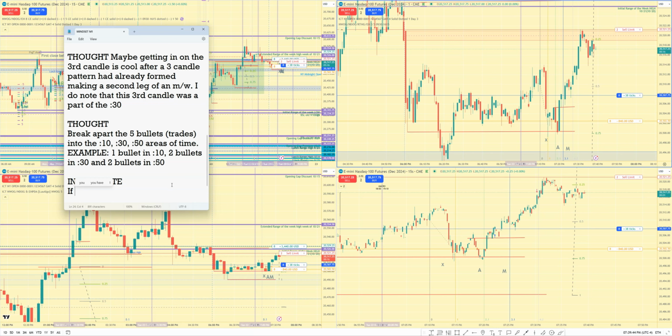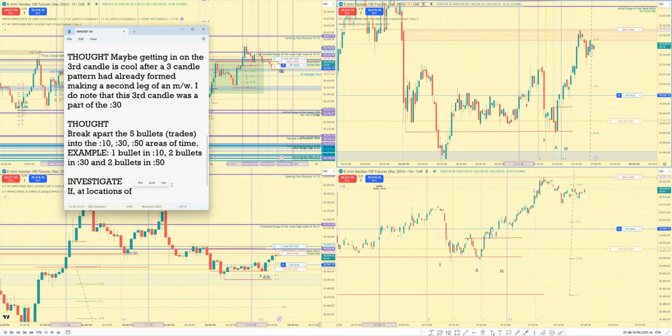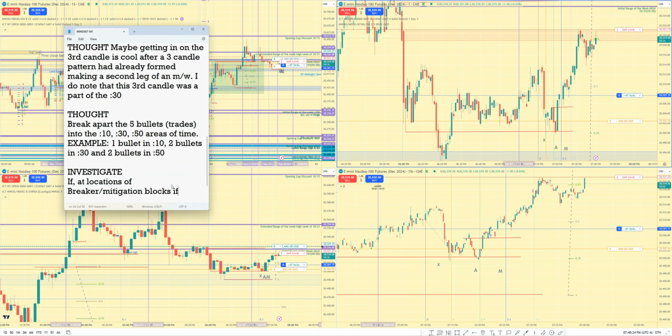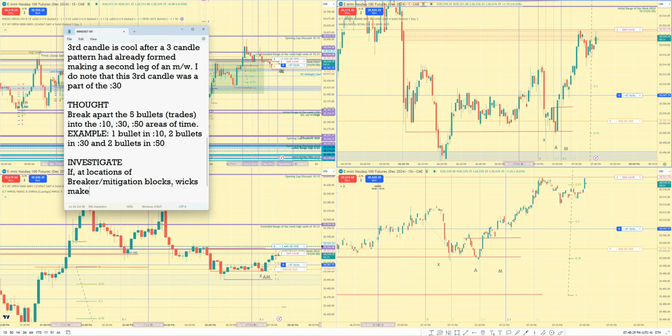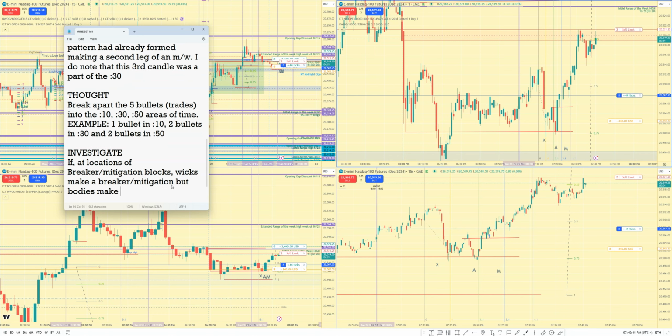Okay, I'm going to investigate if, at locations of breaker slash mitigation blocks, wicks make a breaker slash mitigation, but bodies make the breaker first.